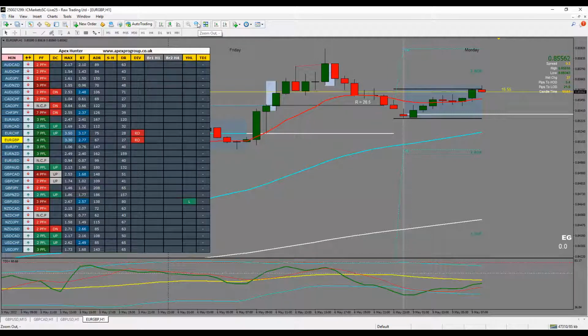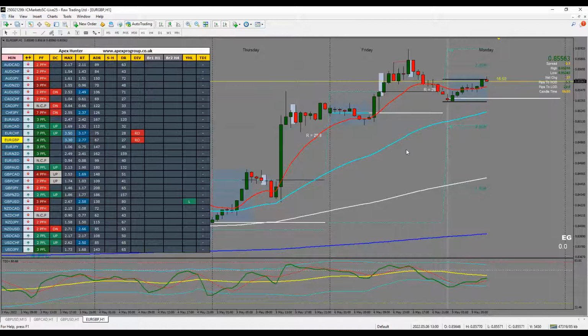This little red line here showed that this was making higher highs, but this was making lower lows here on the TDI. So this was a sign that things were kind of changing. So this one here, once we start to see a clear M and stuff here, we could look to possibly sell this if all of our other analysis agrees.